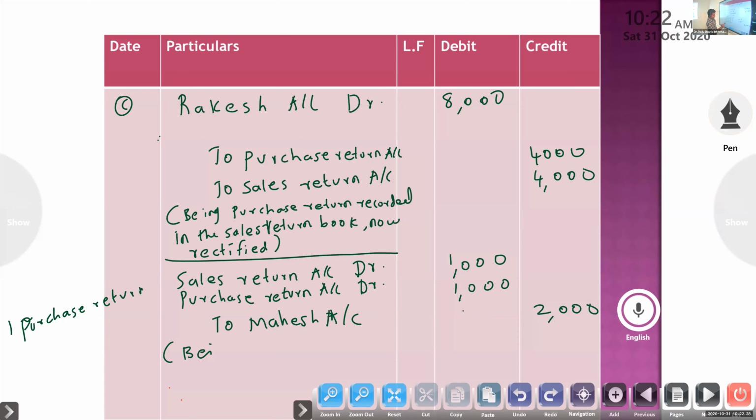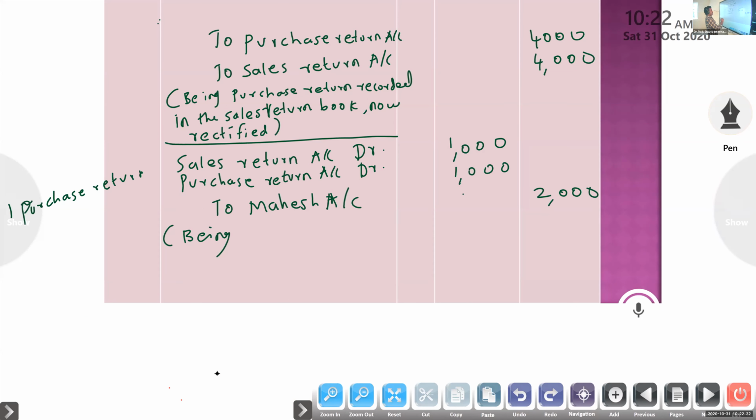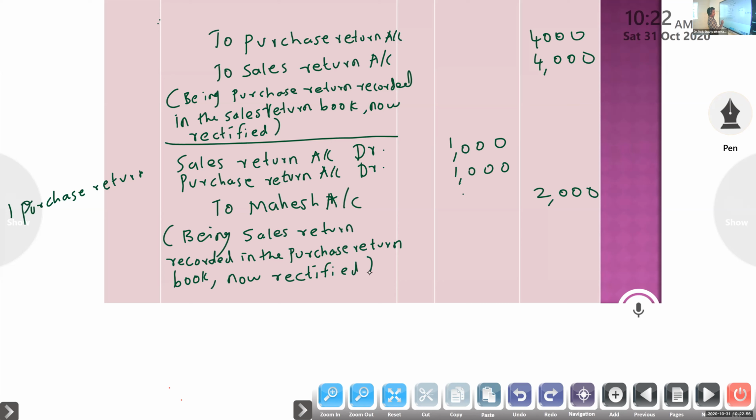Being sales return recorded in the purchase return book. Now rectified.